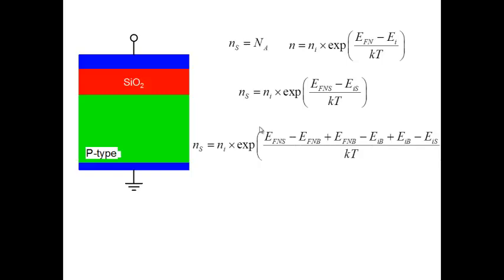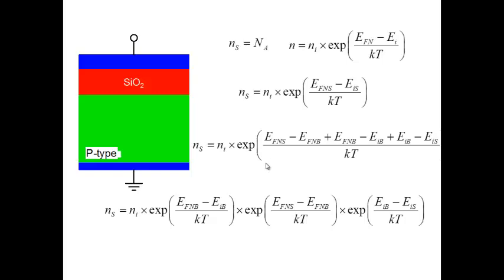All right. Now I rearrange these terms. EFN,S that you see here is the quasi-Fermi level at the surface. Now I subtract and add the quasi-Fermi level in the bulk, so I add these two terms. In addition, I subtract the intrinsic level in the bulk and add the intrinsic level in the bulk. We write it in this form.